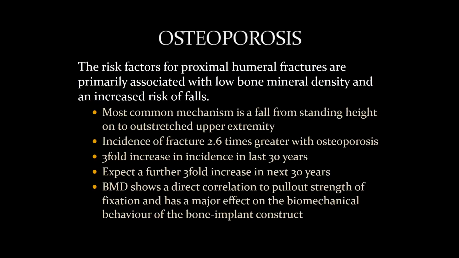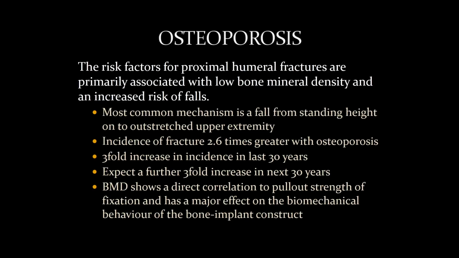The risk factors for proximal humeral fractures are primarily associated with low mineral density and an increased risk of falls. And most commonly, the mechanism for an osteoporotic fracture is a simple fall from a standing height. If the patient has a more traumatic incident, then that's a less likely indicator of osteoporosis.